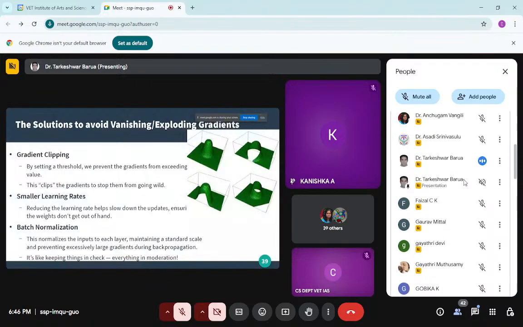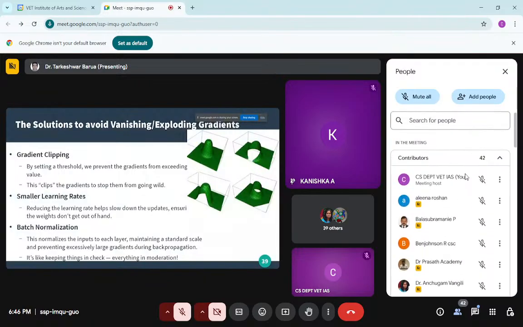This is called clipping. By setting the best threshold, we prevent the gradient from exceeding the value. We don't want to allow more than that, so we can trim. This clips the gradient to stop it from going wild. We do not allow it to go beyond that.